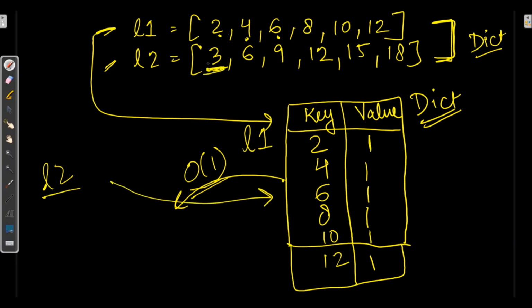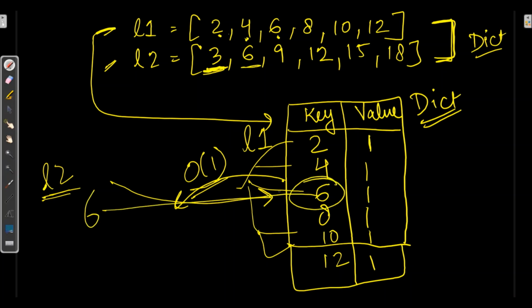First I need to search 3. It will search throughout at once. It's not there. Then it will check for 6. For 6 it will directly go to the key and find this element in order of 1 time.